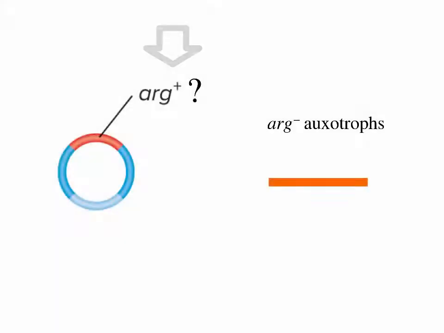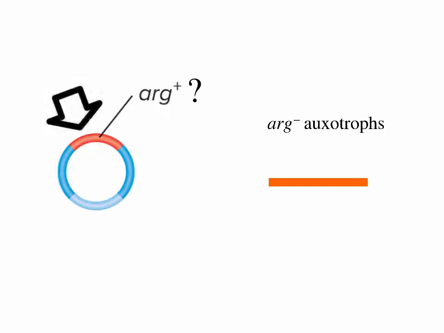The first step in checking that you've really identified the gene that is mutant in the auxotrophs is to compare the base pair sequence of the wild-type gene in the plasmid to the copy of that same gene in the auxotrophs. If the gene copy in the auxotrophs has a mutation that is likely to block its function, then you've likely identified the right gene. You can do this easily.